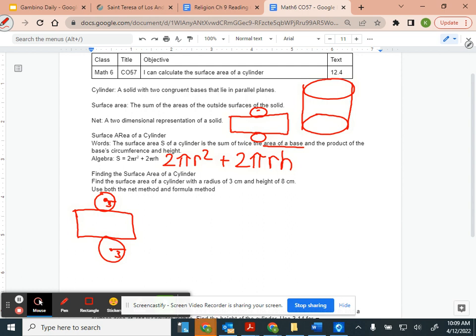Oh, I really didn't make this to scale. So it should be long and narrow. Our height is 8 centimeters.